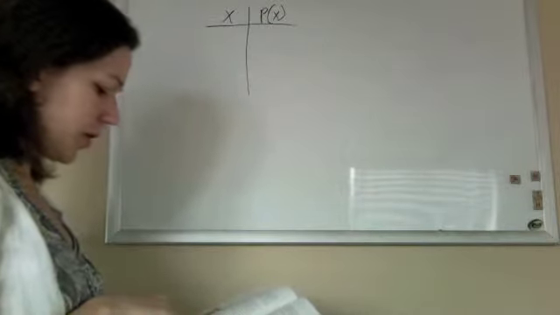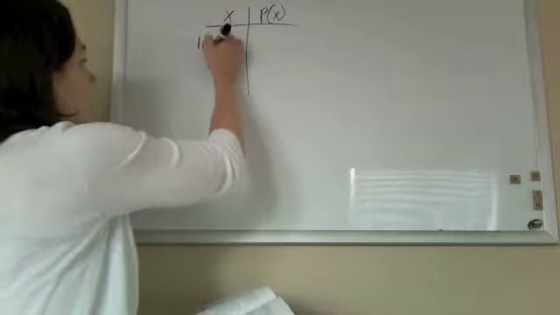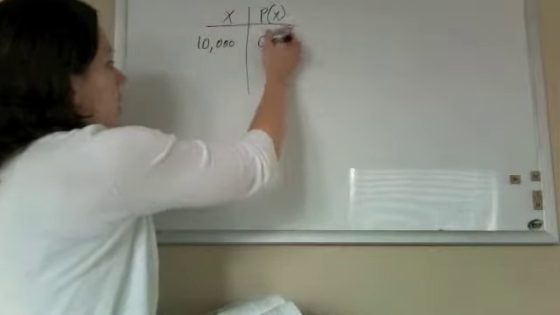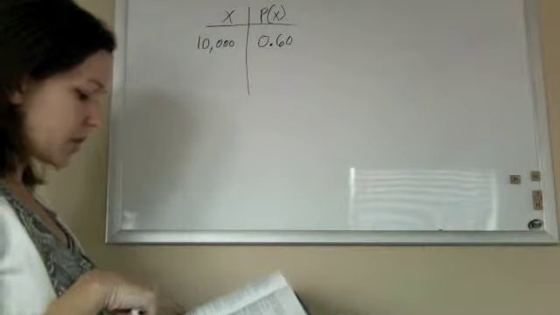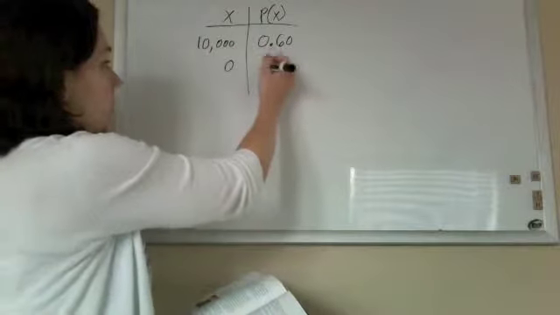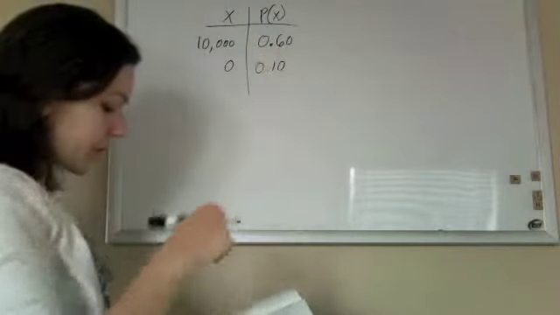So there's a 60% chance that we could make $10,000. A 10% chance of breaking even. So if we break even, then our profit is 0, and there's a 10% chance of that.